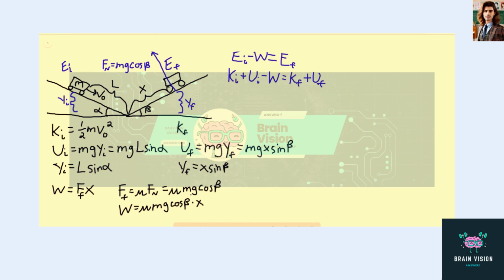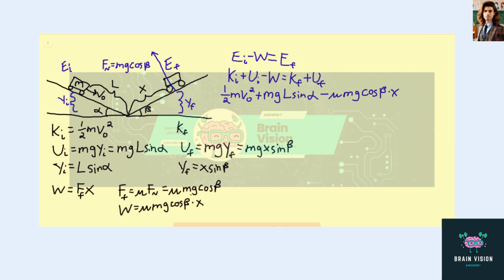But we've already established what all of these terms are. We know that the initial kinetic energy is 1/2 mv naught squared. So we have 1/2 mv naught squared plus the initial potential energy, which is mgL times the sine of alpha, minus the work that's done, which is mu times mg times the cosine of beta times x.